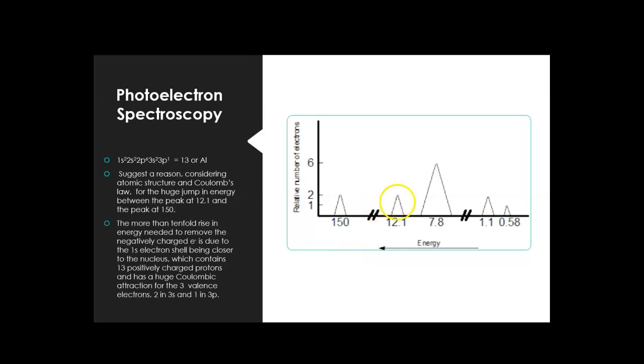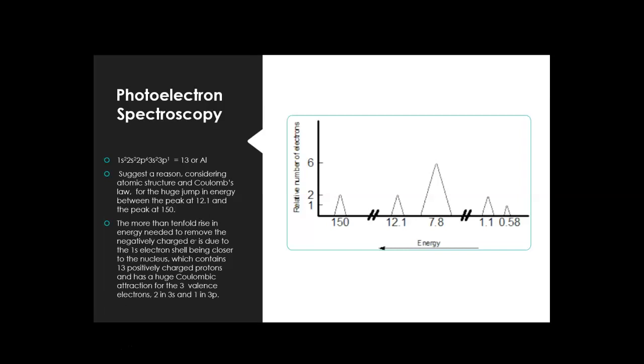Well, you've got a more than 10-fold increase in energy needed to remove these negatively charged electrons here. And remember, we talked about this being the first energy level, and this is the second energy level. That's due to the fact that the 1s shell is the closest energy level to the nucleus.